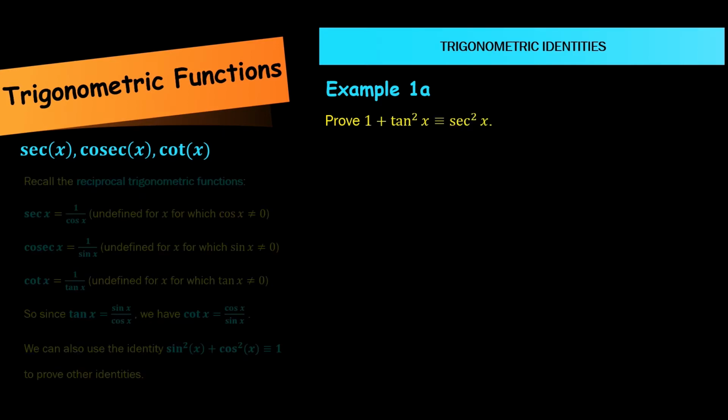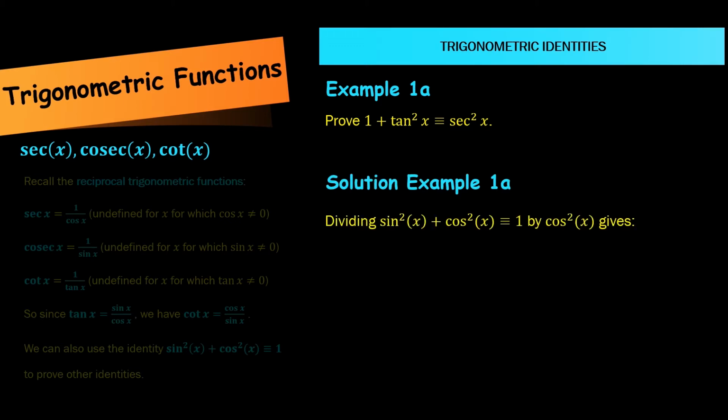So let's consider part A first. We are required to prove that 1 plus tan²x is identical to sec²x. So let's solve this. We begin by dividing sin²x plus cos²x is identical to 1 by cos²x.